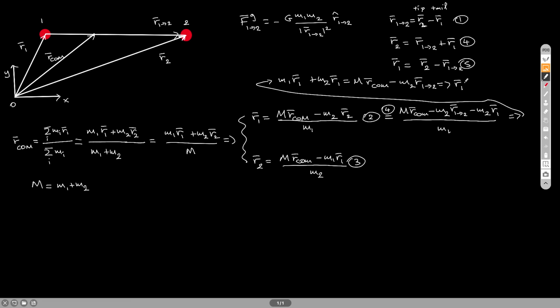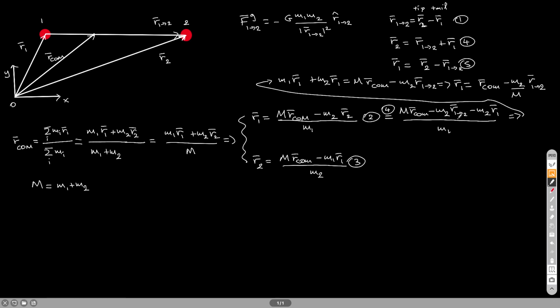And this will give me R1 is equal to the position of the center of mass minus M2 divided by big M times R from 1 to 2. Okay, so again, what I did here, once I reached this step, I moved M1 to the left side, so I had M1 R1.